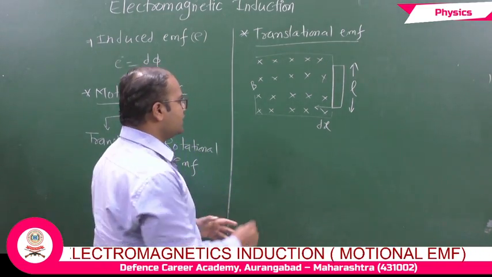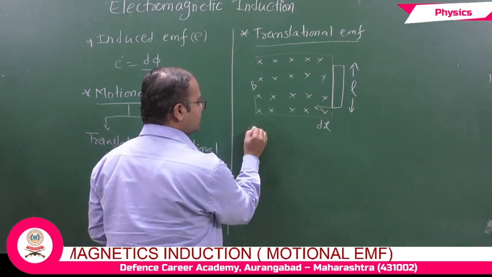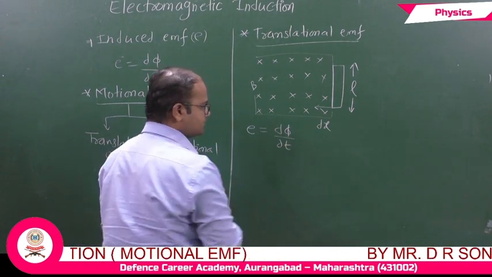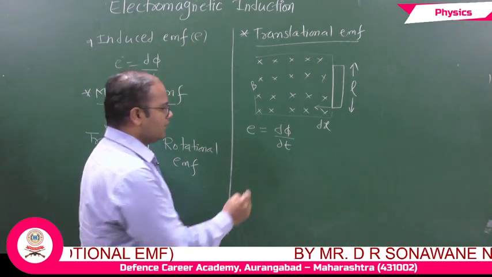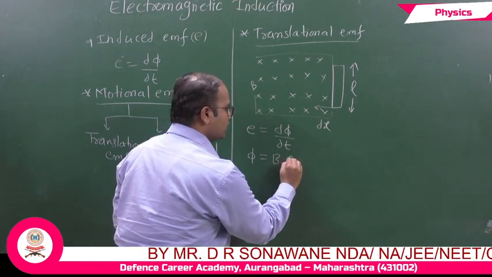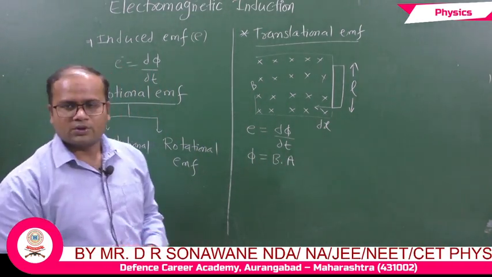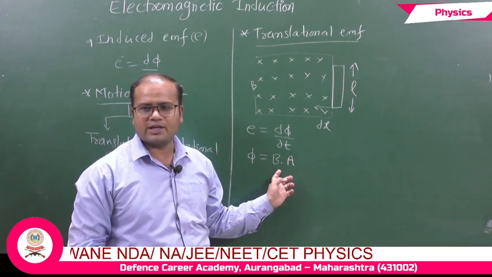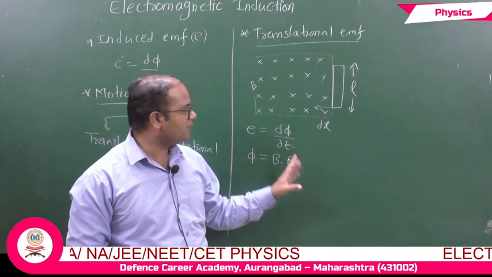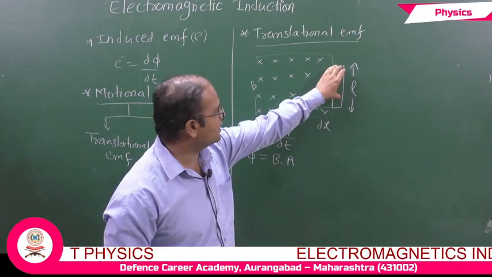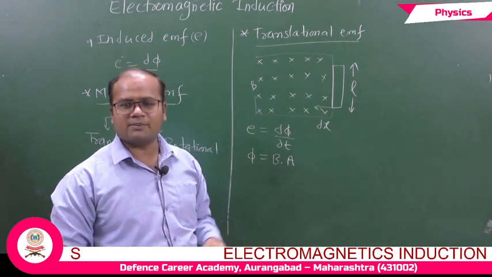So according to Faraday's law of electromagnetic induction, we know that E equals d phi by dt. But we also know that magnetic flux is nothing but the magnetic field into area. So here magnetic field B is constant and uniform, and for area, we consider the area by which the conductor is moving inside the magnetic field.